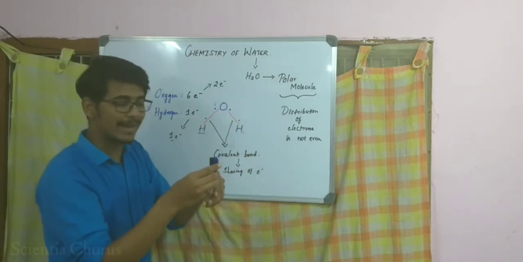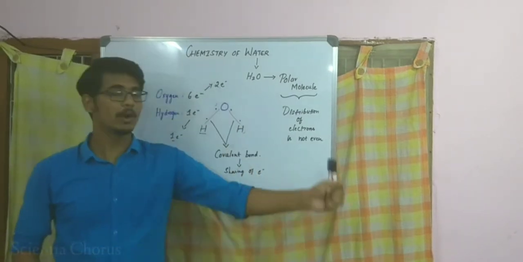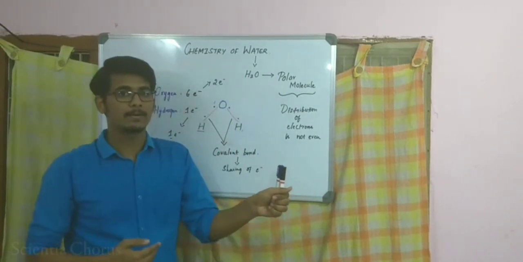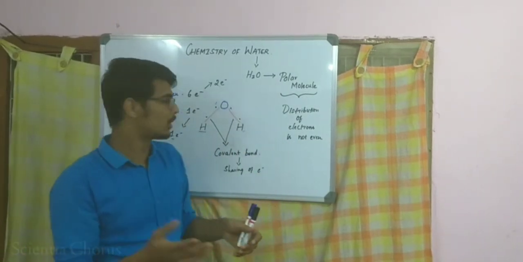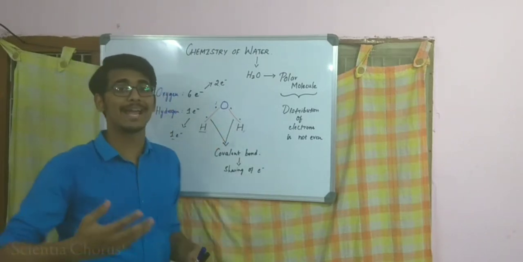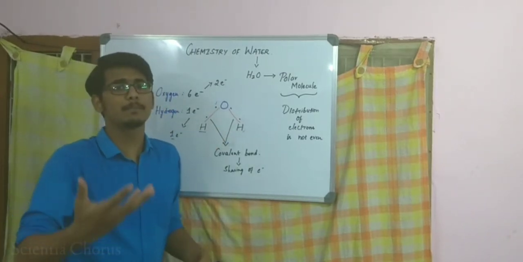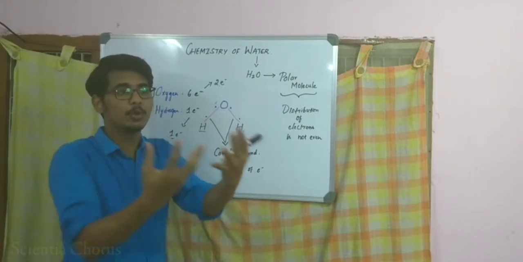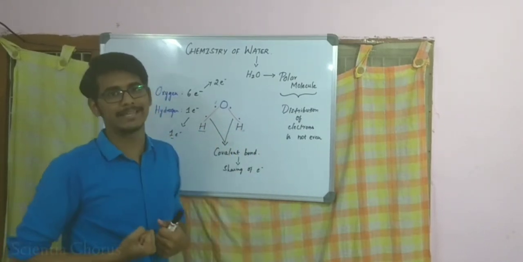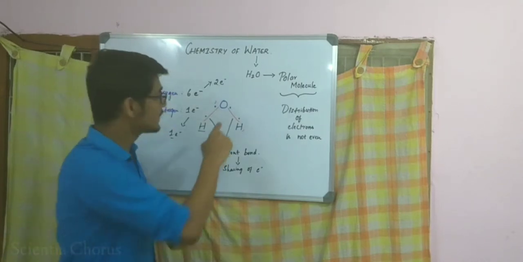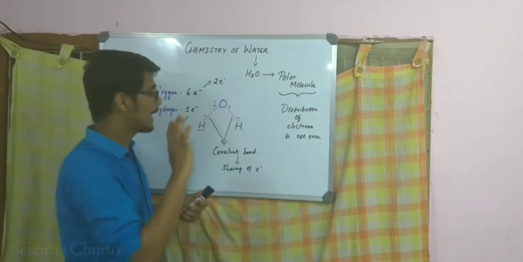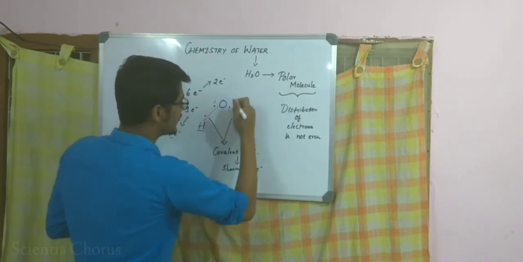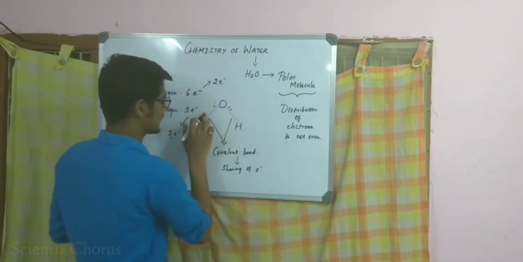These two electrons are towards the oxygen. Why is it so? This is because oxygen is more electronegative. What is meant by more electronegative? It is the ability of an atom to attract the electrons towards itself. There will still be a sharing of electrons, but the electrons will be towards the oxygen.